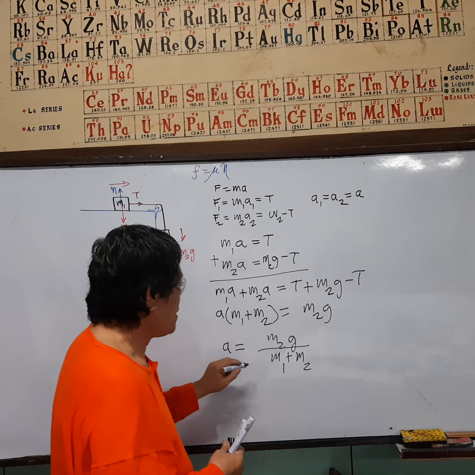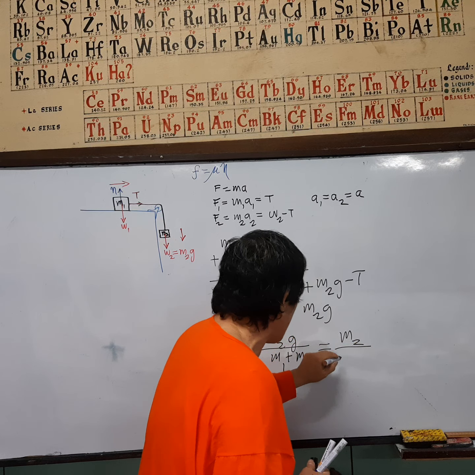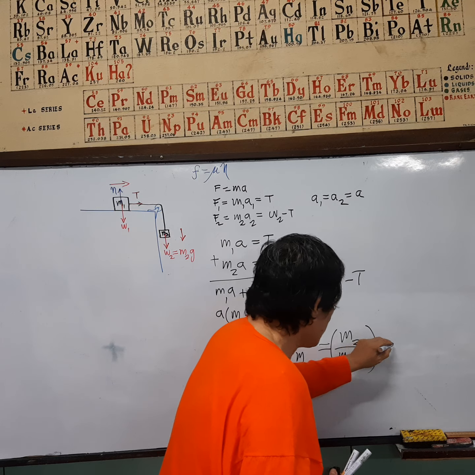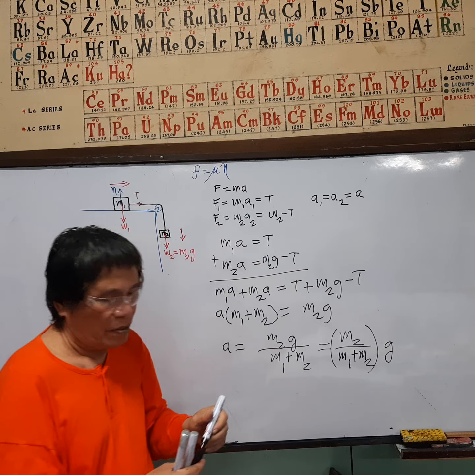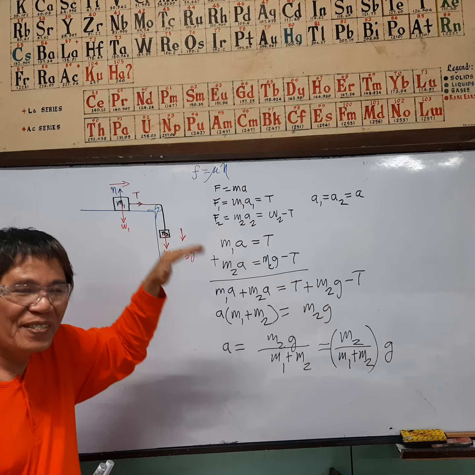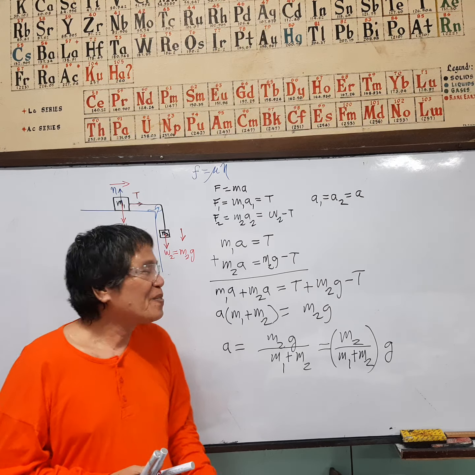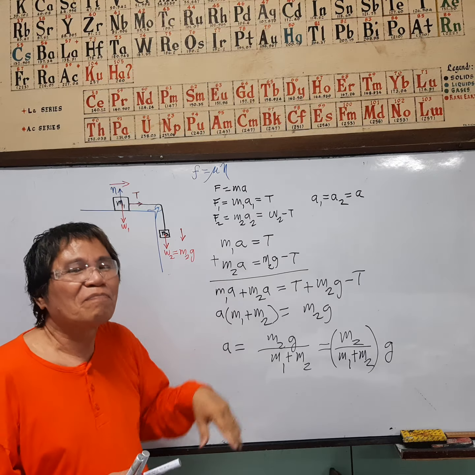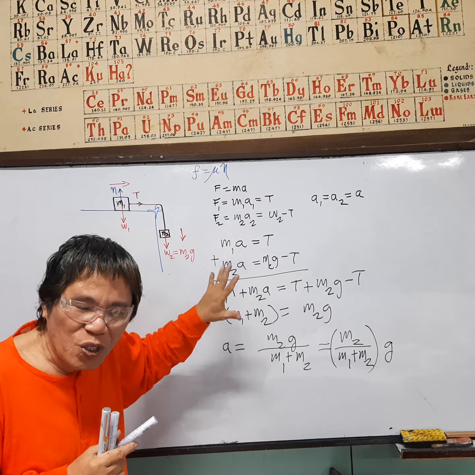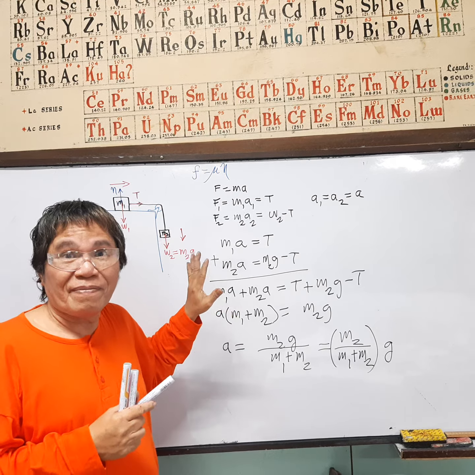Or we can simplify this one as M2 over M1 plus M2 times G. What is the tension? Find the tension. It is already your work. What is the tension? Find it. To find the tension, use one of the equations here on the board. Okay?